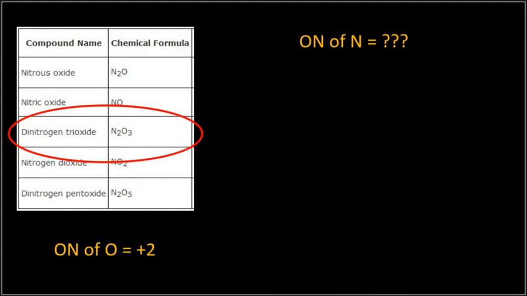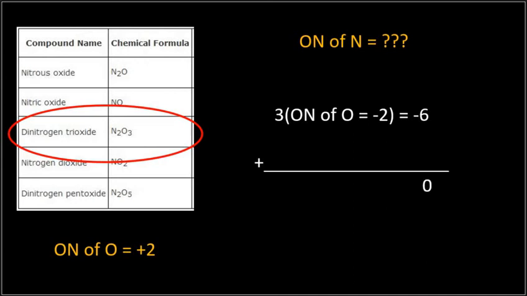Okay, next one, dinitrogen trioxide. It looks more complicated. N2O3. Now this time we have 3 oxygens, each with a -2, which makes a -6 oxidation. At the same time, we know they're going to equal 0, so we know that the nitrogen has to be a +6, and we have 2 of them.